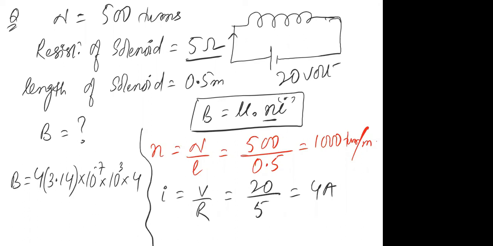I hope you are getting it. If I multiply this, I'll get 16 multiplied by 3.14. Magnetic field would be 50.24, into 10 to the power 3 into 10 to the power minus 7, which is about 5 into 10 to the power minus 4 Tesla. This is your magnetic field.